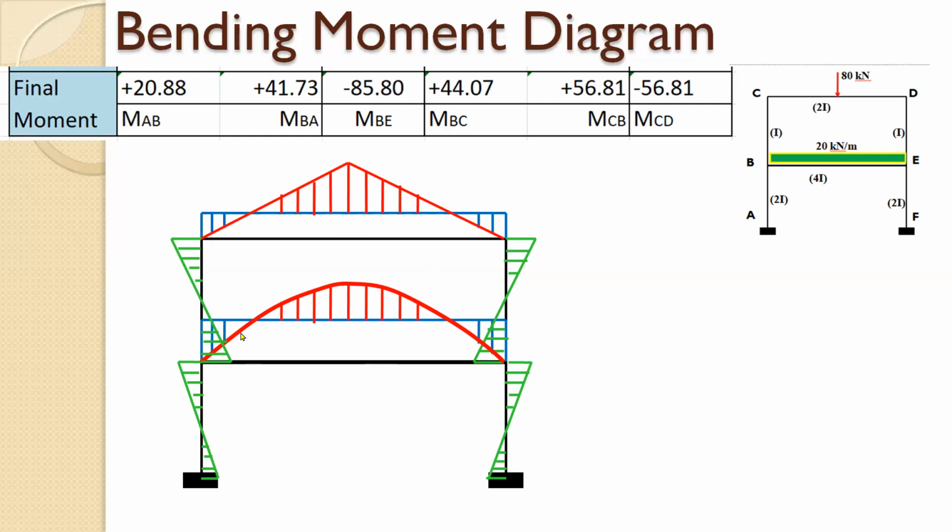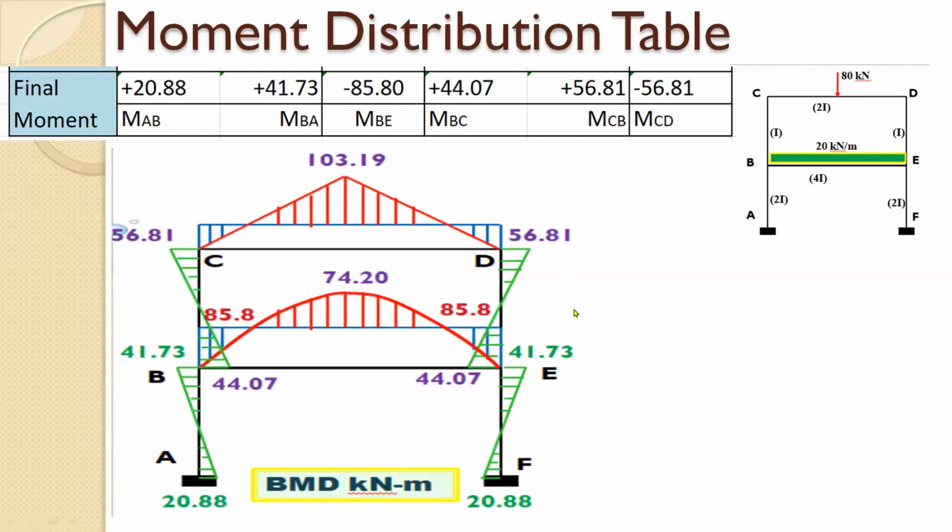But in this case, at this joint, you will find a lot of overlapping. Whenever there is a joint of 3 or 4 members, there will be a lot of overlapping. So you may get confused with that. So this is the final bending moment diagram.